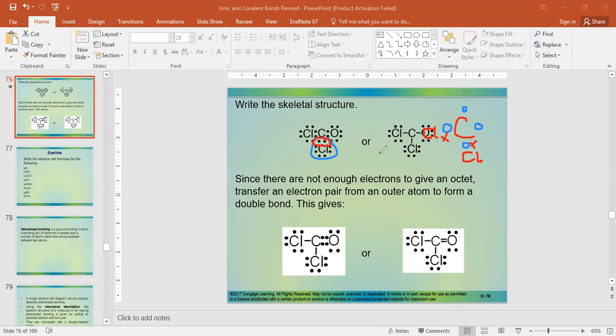For chlorines, are we together? Yes. So how many electrons has carbon used so far? It has used 2, okay? So how many are remaining? Remaining 2.